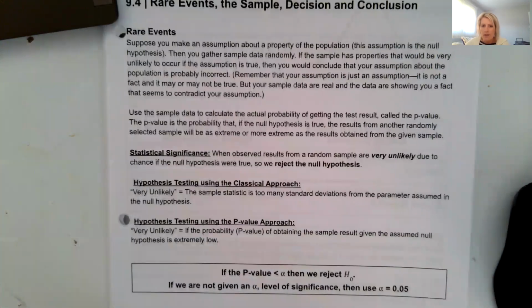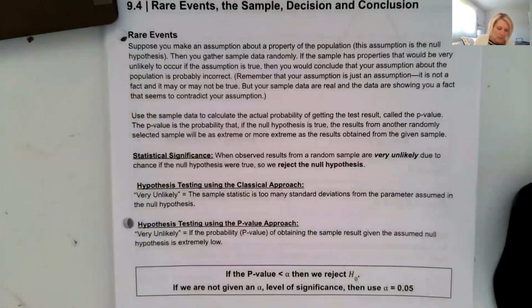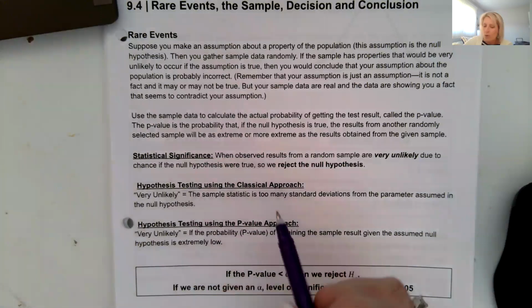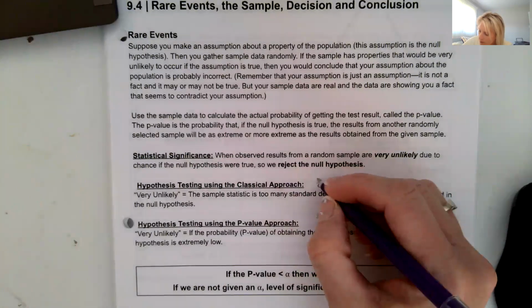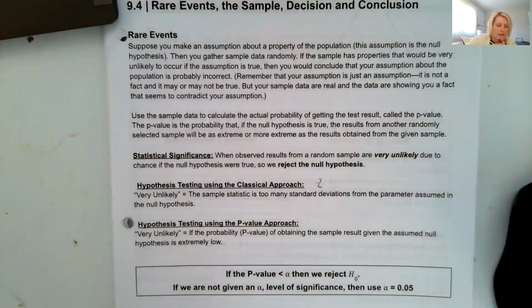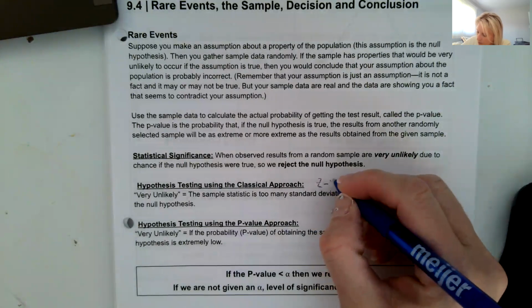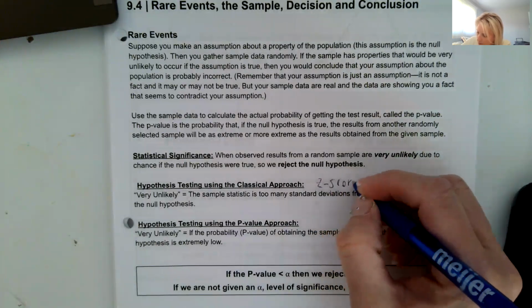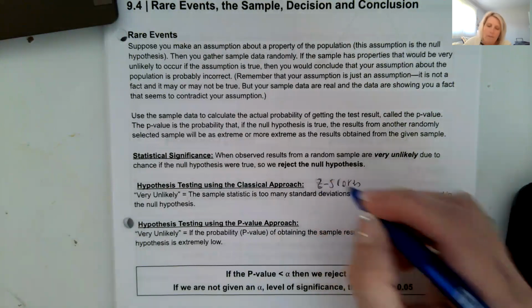The classical way of doing a hypothesis test was using what we called z-scores. Remember back in our earlier lessons, we said if you were more than 2 z-scores below the mean or 2 z-scores above the mean, you were considered unusual.